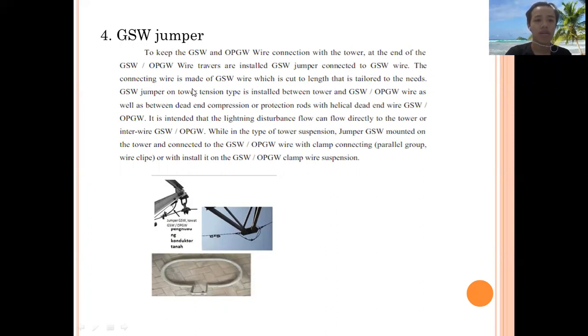The connector wire is made of GSW wire which is cut to a length that is tailored to need. The GSW jumper on a tension type tower is installed between the tower and the GSW, with compression of protected rods with helical and the GSW wire. From the picture is an example of the GSW chamber like this.